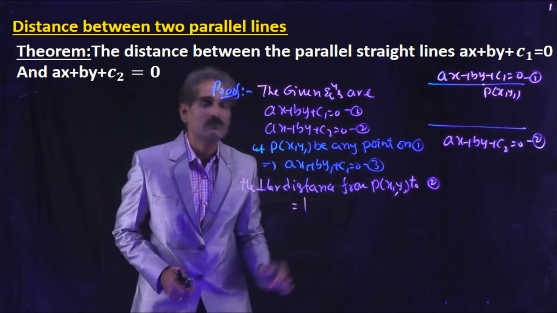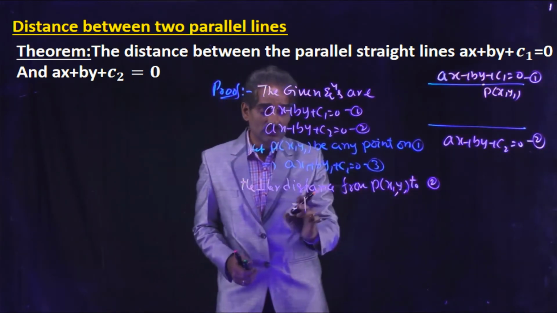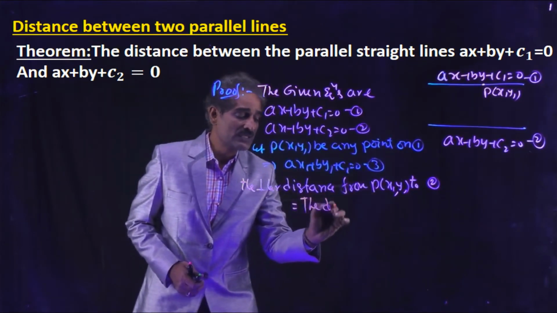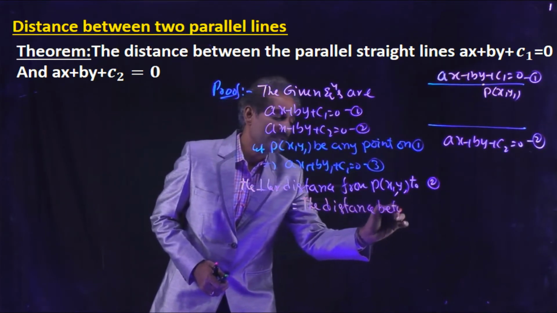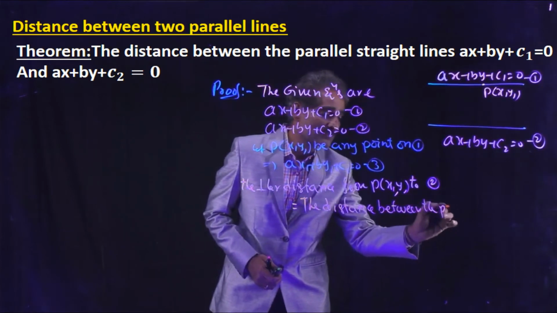This perpendicular distance from the point to the line is equal to the distance between the two parallel lines.